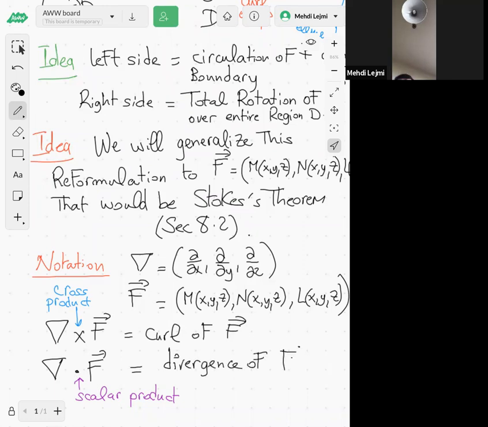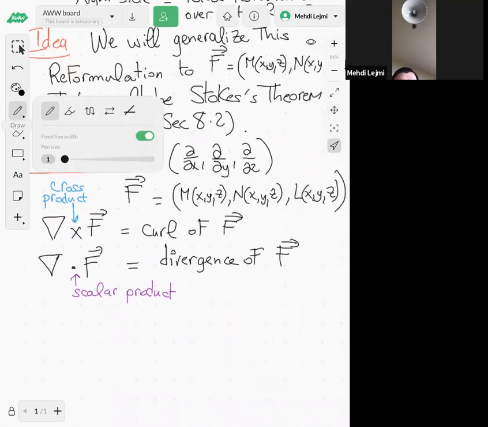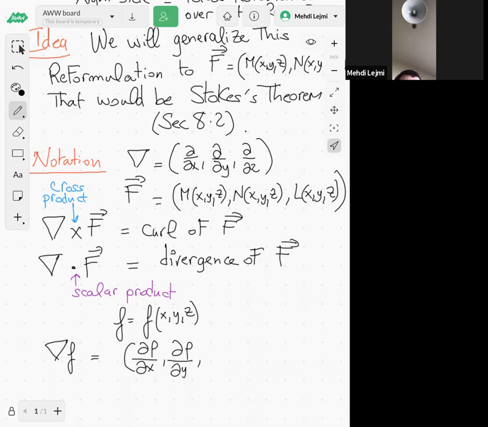And there is a third notion, probably you have seen in Calc 3. Now, if you have just a function f, let's say some function of x, y, z, then nabla f is just partial f partial x, partial f partial y, partial f partial z. Here f is lowercase f, just some one function, it's not a vector field.